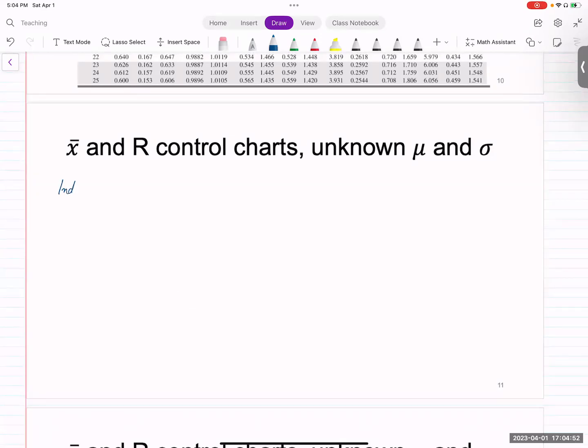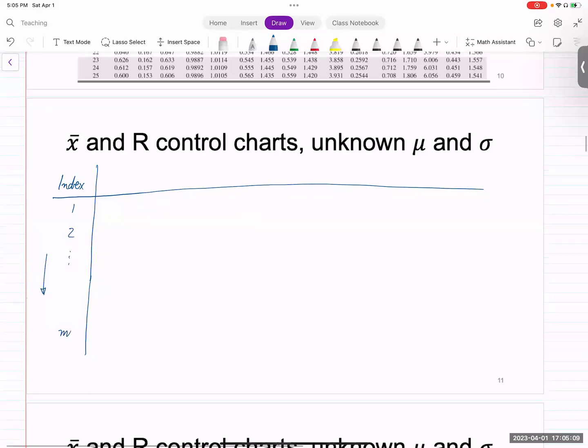You have an index here, and let's say the index represents all of your samples, which can go from 1 up to m. So this represents samples. And always remember, m for the entire course represents the number of samples. So think about the number of Apple Pencils that I'm going to be investigating or monitoring.